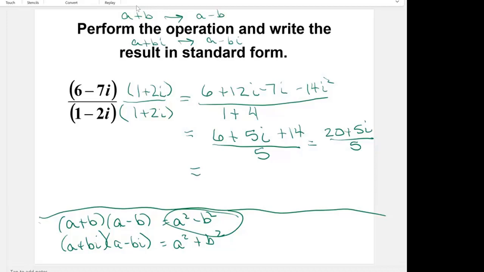And now I can say this is really the same as 20 over 5 plus 5i over 5, which is equal to 4 plus i. And now notice it's in standard form. I've divided two complex numbers. I've come out with something that is a complex number in the correct form.